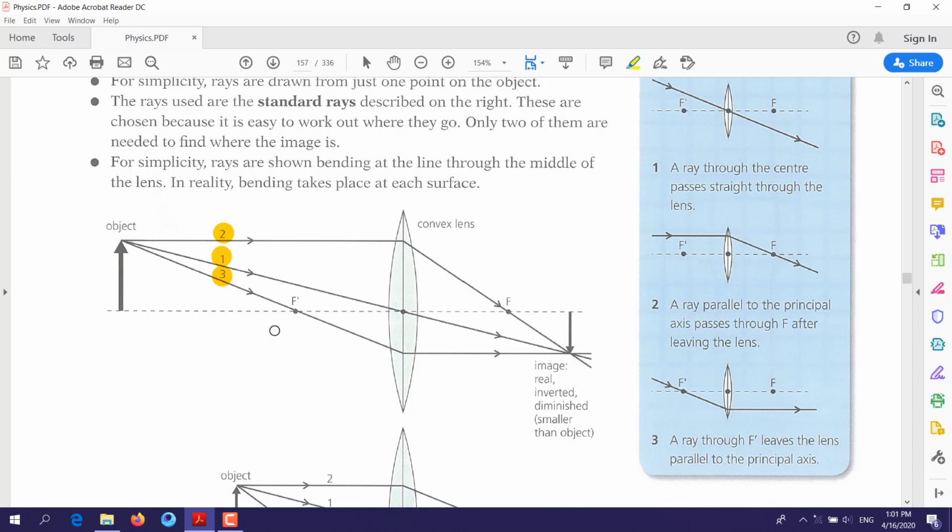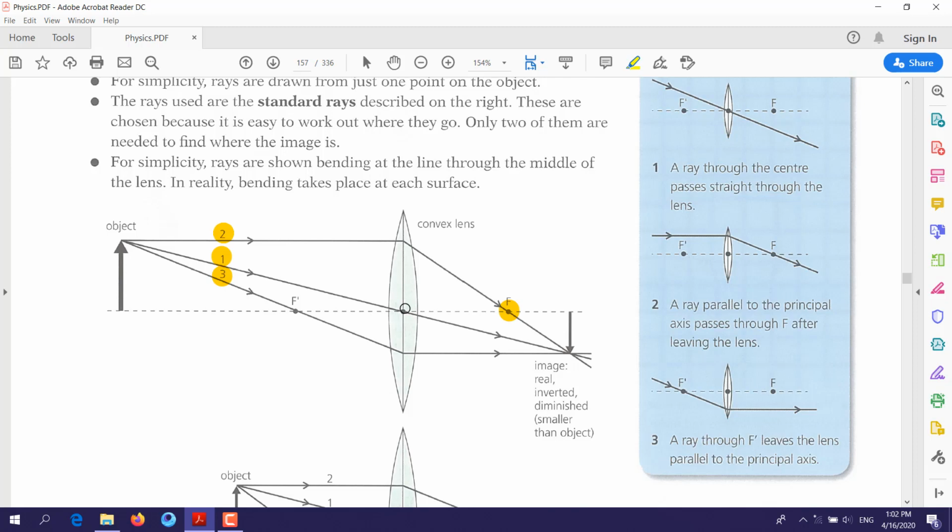How to draw number three? When number two passes through the principal axis, it will pass through this point. Now, you will use a ruler to measure the distance from this point to the center of the lens.